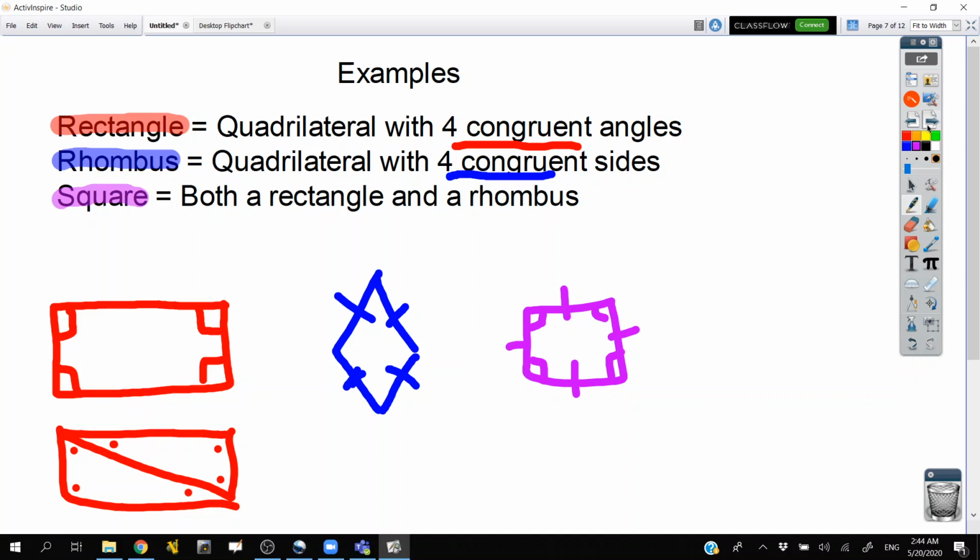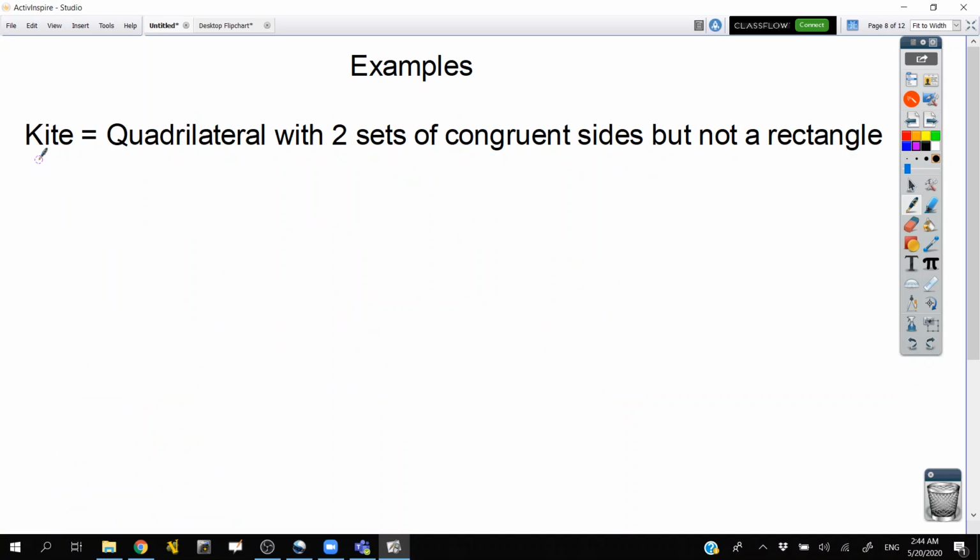Cool. So last example, a kite is a quadrilateral with two sets of congruent sides, but not a rectangle. So if I draw congruent sides, let's say one side is going to be that length, and then another side is going to be this length. Okay, so I can start to put those together. I'd have a side like this, and then let's say we just put that next to the other side like this.